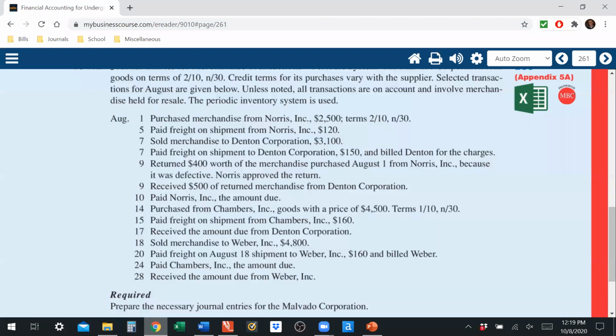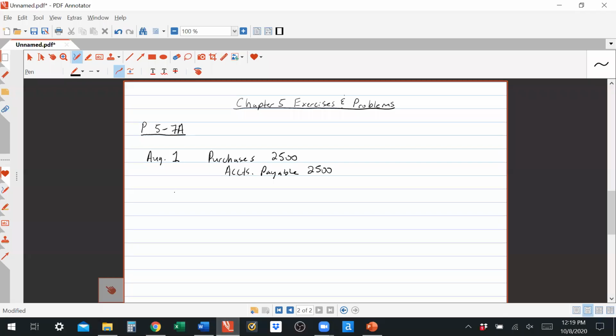August 5th, Malvado paid freight on shipment from Norris, $120. Instead of debiting inventory for the freight, which they would do if Malvado used the perpetual system, we debit freight in.